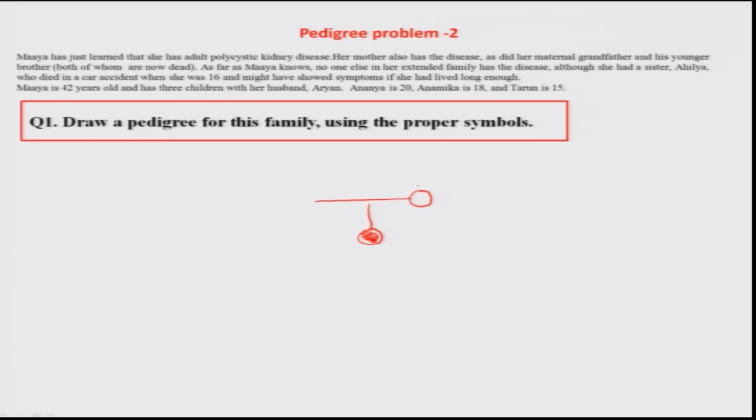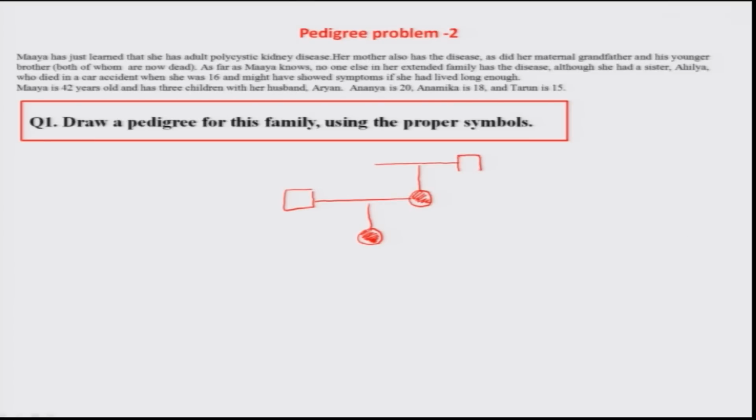This circle denotes her mother, who had the disease, and this square denotes her father, as did her maternal grandfather and his younger brother, both of whom are now dead. So, Maya's mother and now her parents, that is Maya's grandparents.